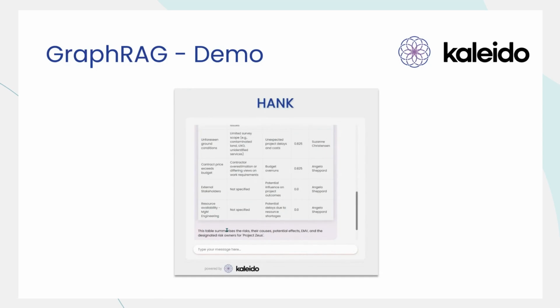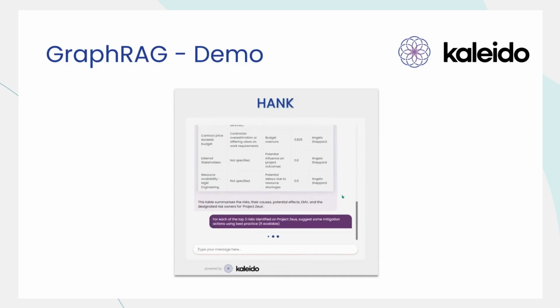What I'm doing here is demonstrating the agentic model, where we can ask a follow-up question about the retrieved data that we've just pulled out, to look into our document repository, which we've got stored in vector databases, and, for each risk that we've pulled out, find if there's any best practice that we could apply to help us mitigate that risk for the business.